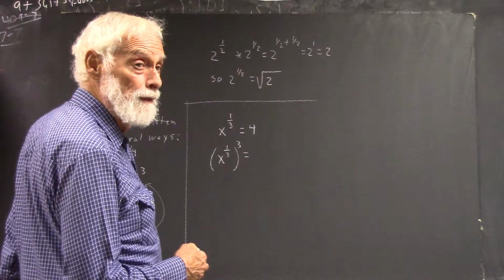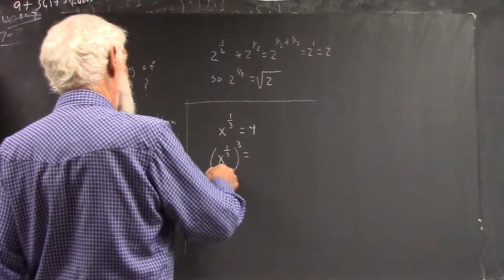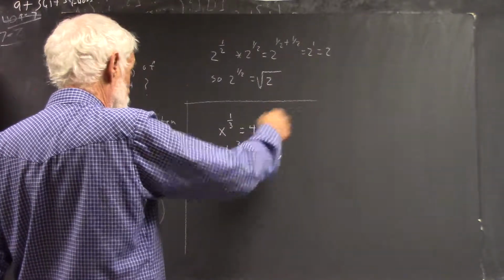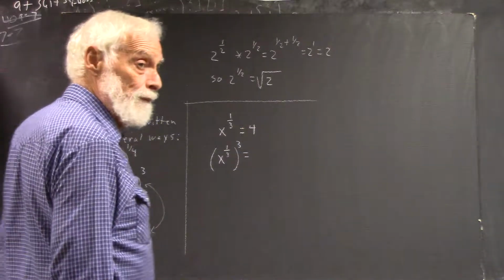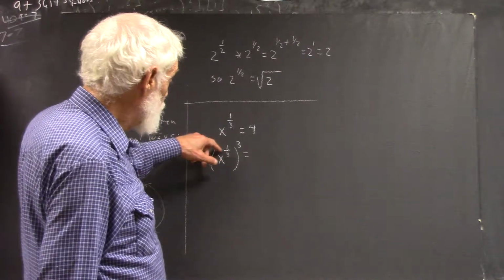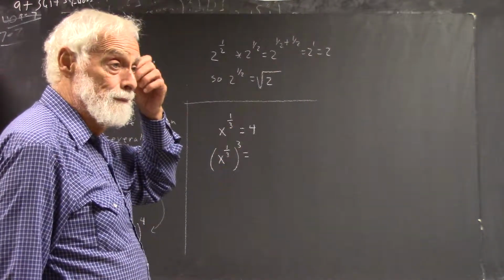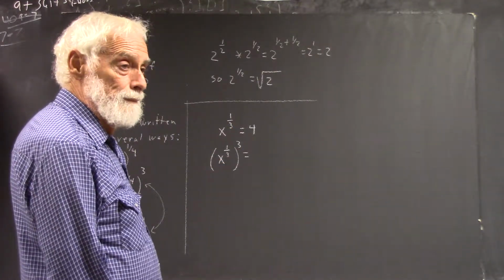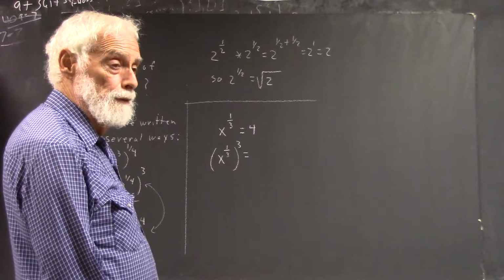Not just x to the 1/3 cubed. Forget about the 4. How would you simplify x to the 1/3 cubed? What rule would you use?